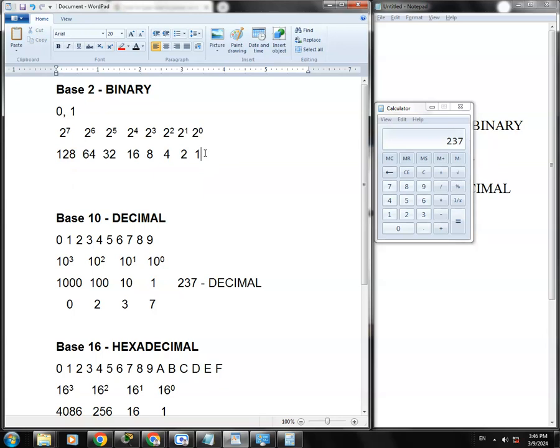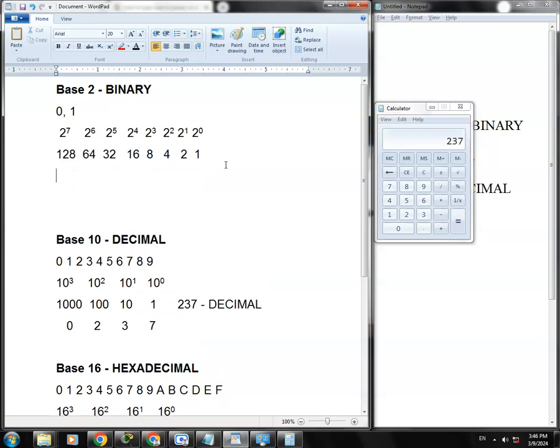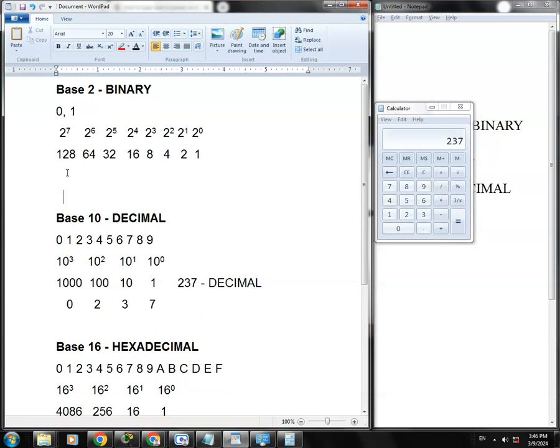Let's say this is 237, and let's assign a value here. So in the value of 237, how many 128 do we need?